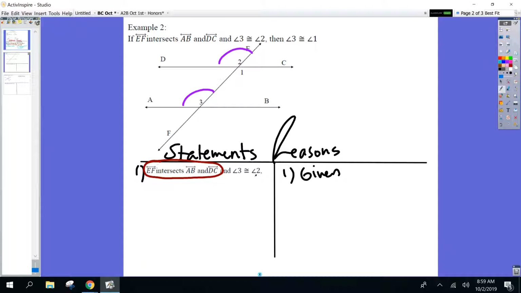What do we know about vertical angles? They are congruent. So step 2 is going to say angle 1 and 2 are congruent. And it's not definition of vertical angles. It is the final fact that I'm giving you for this unit, which is vertical angles are congruent.